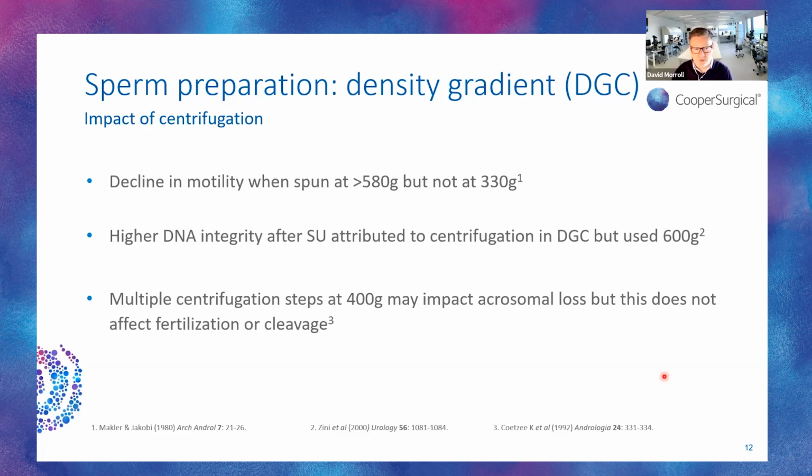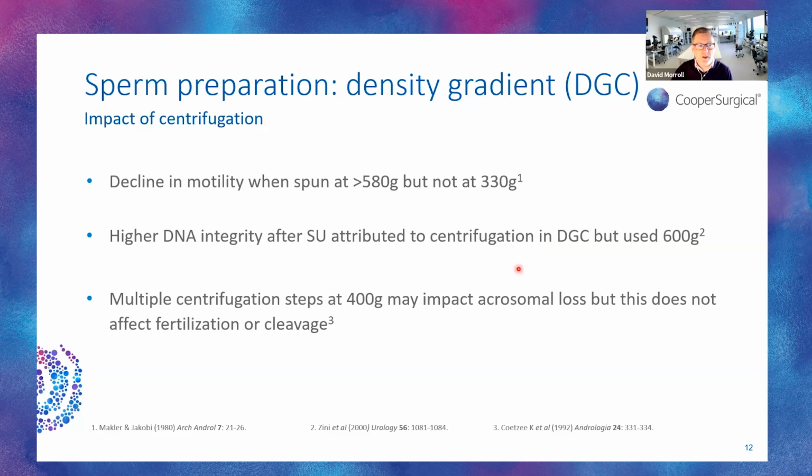And at high speed, we're looking at well above 500 G. So this paper by Mackler and Jacobi from way back in 1980 showed that the decline in motility was seen if it was over 580 G, but at typical spin speeds that we use in the lab, it wasn't seen.